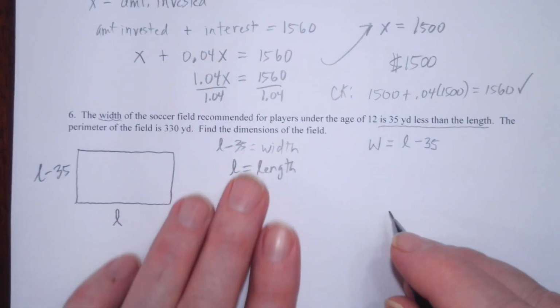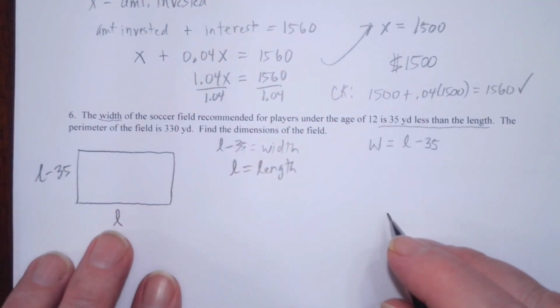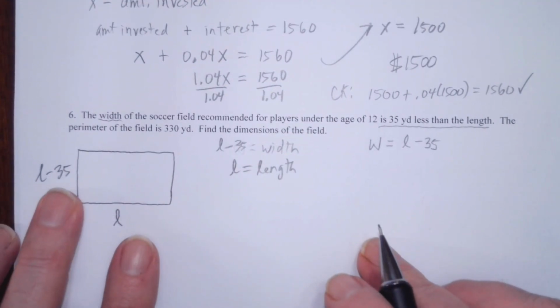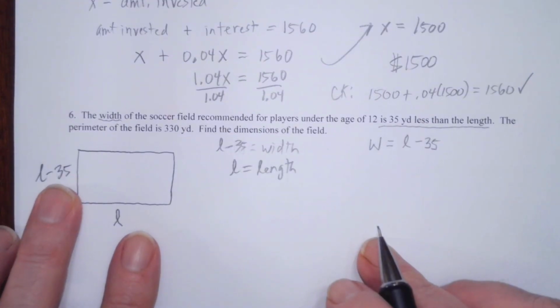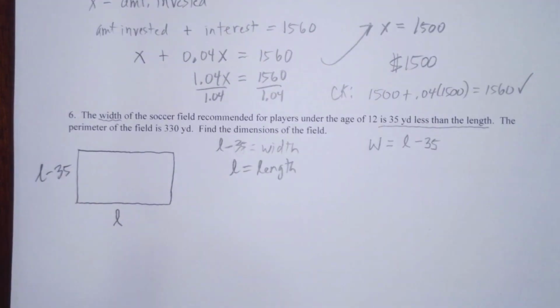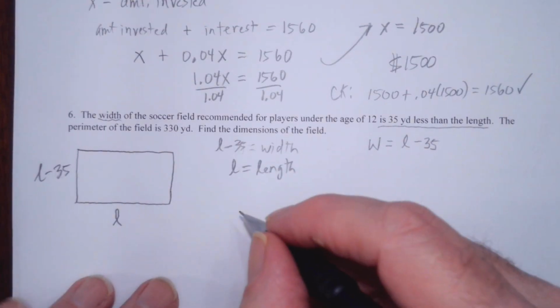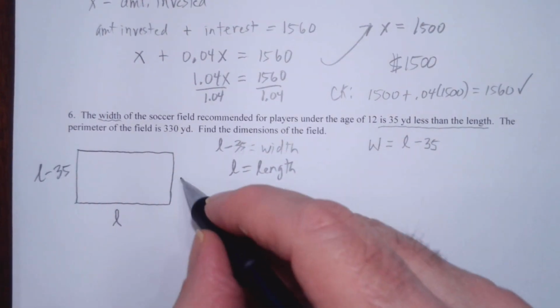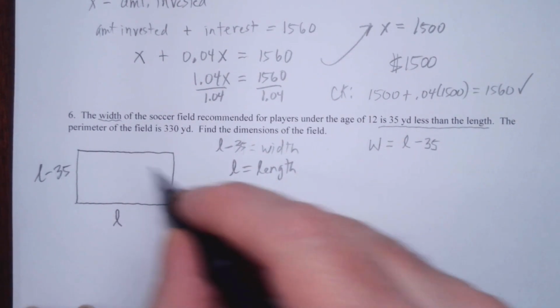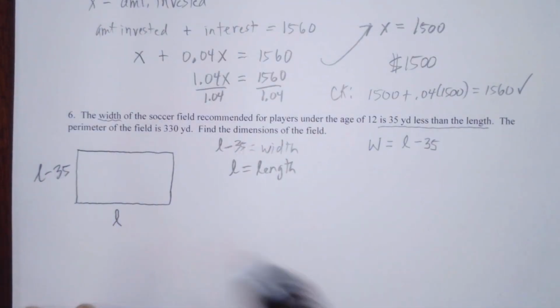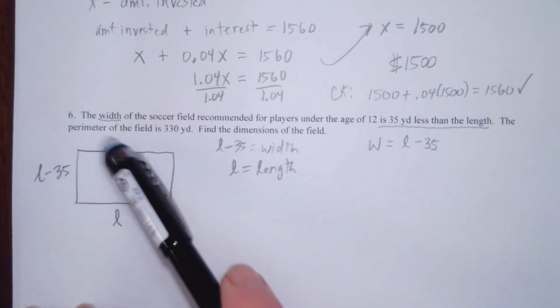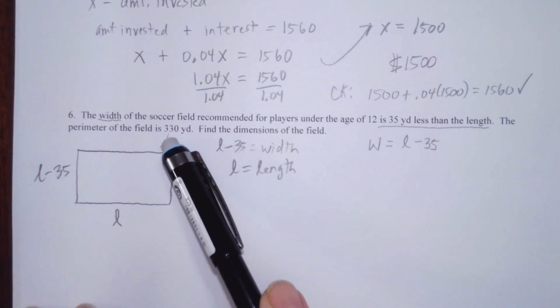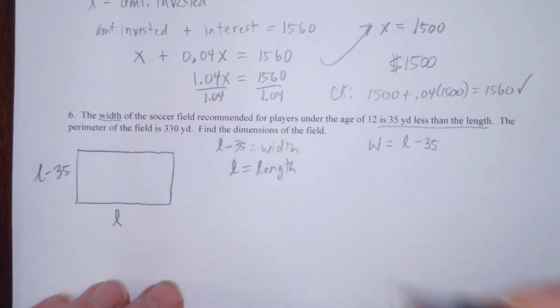As long as things are consistent here, you can see that the width is smaller by 35 yards in this case. Now there's a couple things you could do here. You could write L minus 35 here and L here. Of course, perimeter, you just add up these sides and you're going to get 330. So that's certainly one thing that you could do.